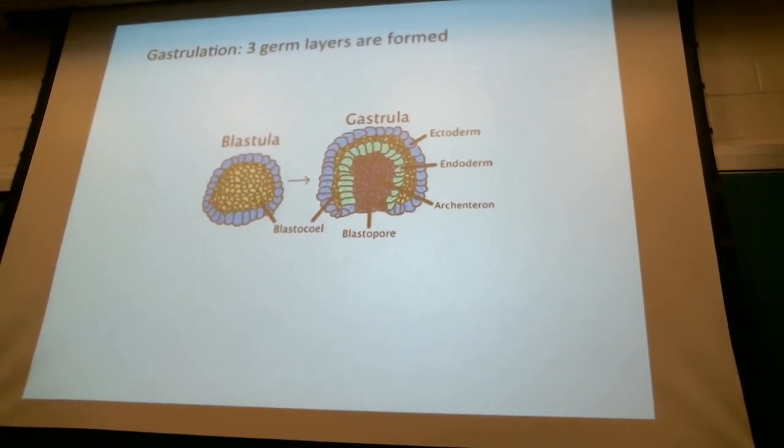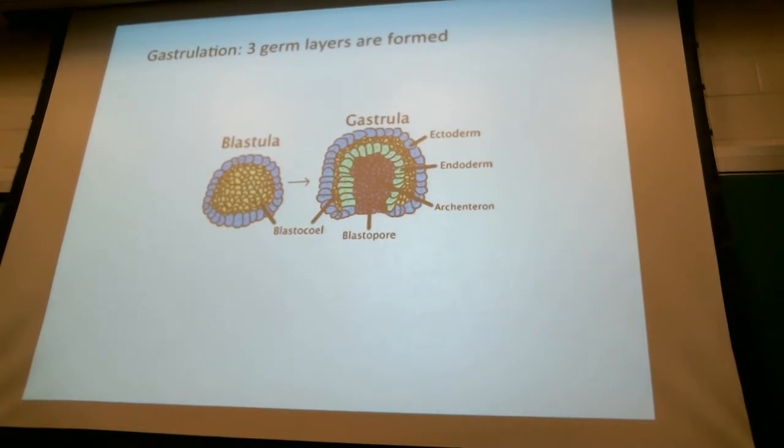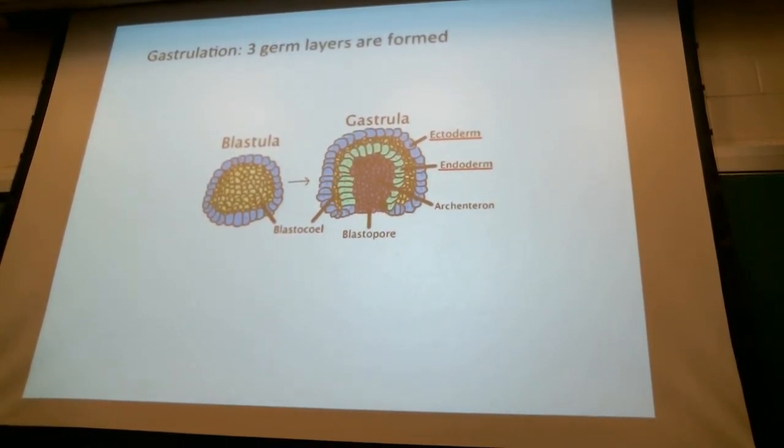And the inside layer, which is highlighted in green, is called endoderm. And between ectoderm and endoderm, a third kind of cell called mesoderm will be filled in. So those three layers are called germ layers. And they will generate different parts of our body.